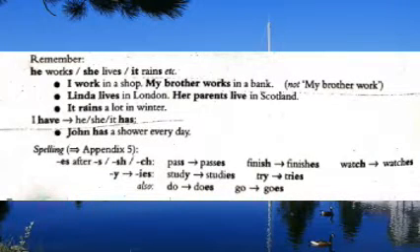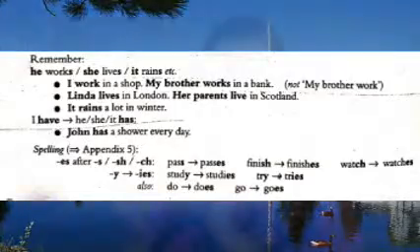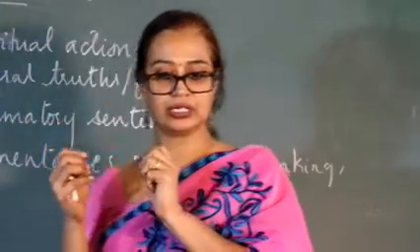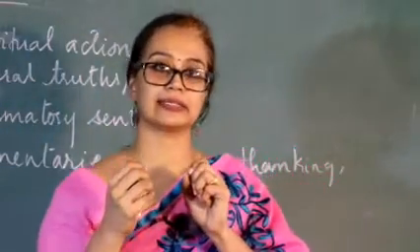Watch ends with CH and it changes to ES, watches. Likewise, the Y form changes to IES. For instance, study becomes studies. Y is cut off and instead you use IES. Try, tries. So likewise, do becomes does, go becomes goes. Clear? All right. We'll move to the next slide.